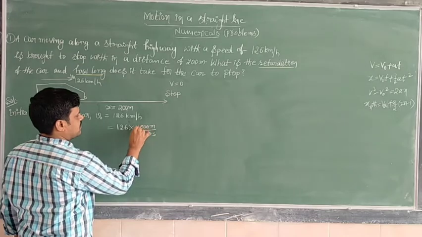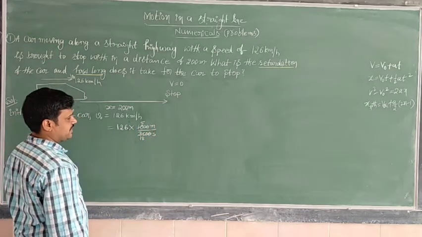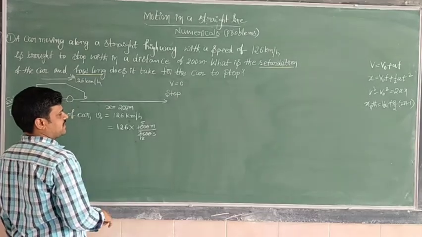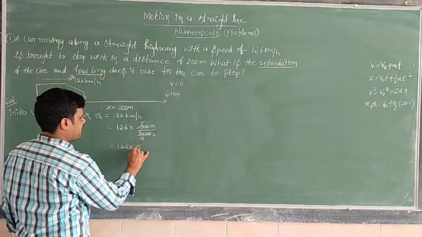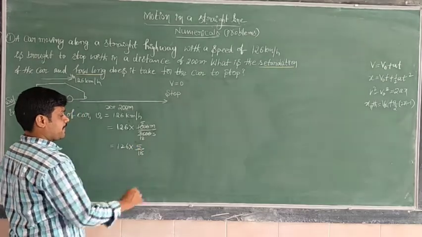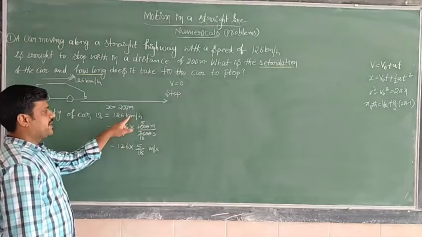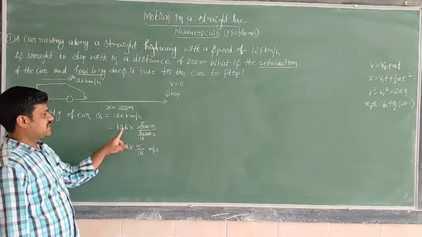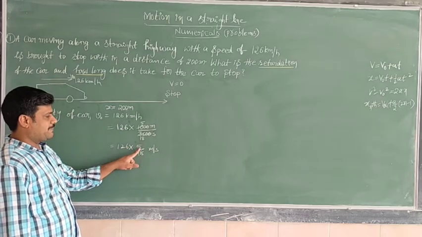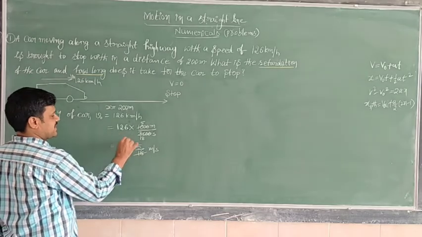The zeros cancel, 5 and 18 remain. So I am having 126 into 5 divided by 18, that means meter per second. Kilometer per hour must be converted into meter per second, so the value should be multiplied with 5 by 18. 18 sevens are 126, cancelled.